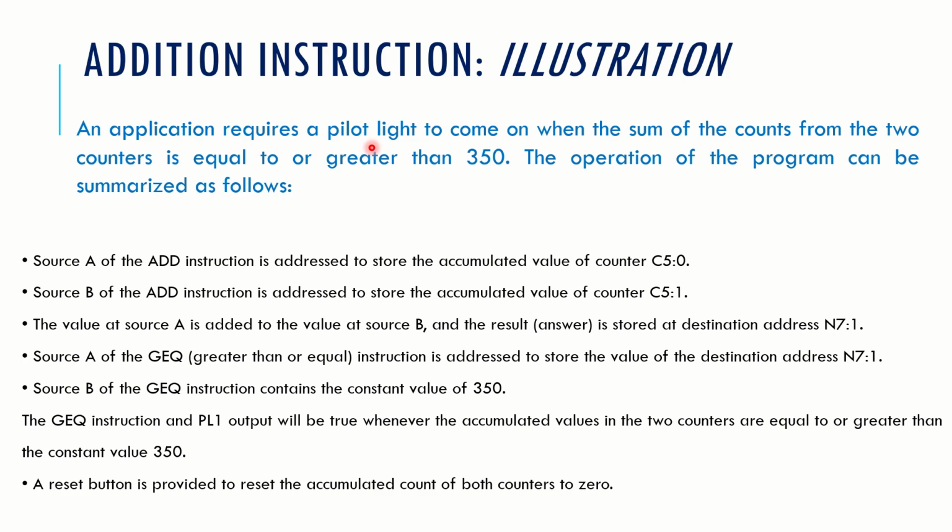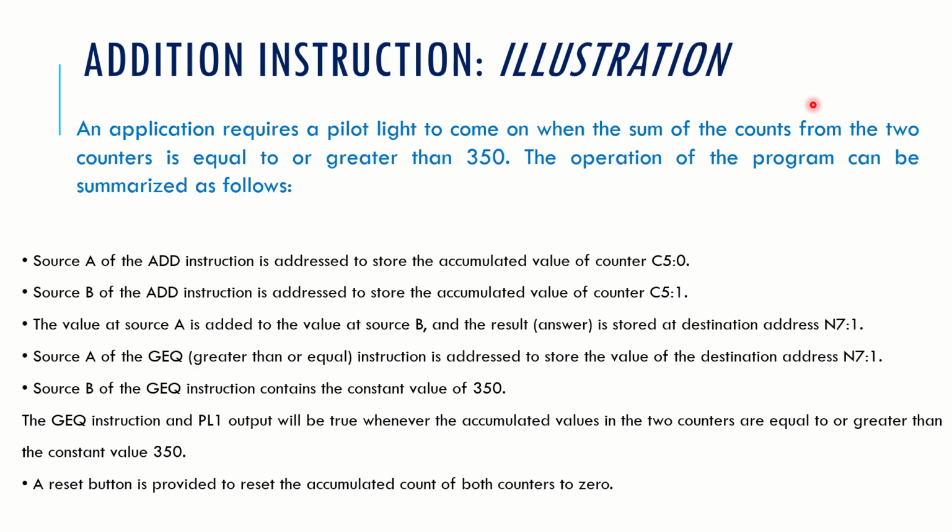Now we will talk of an illustration. Let us consider the conditions of an application that requires an addition instruction. We have an application that requires a pilot light to come on when the sum of counts from the two counters is equal to or greater than 350. So here we have two counters.